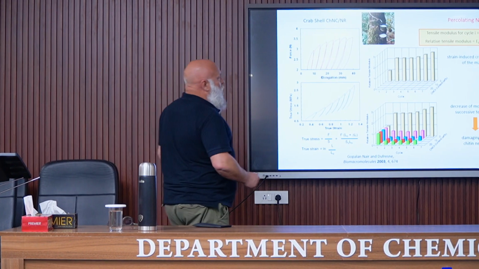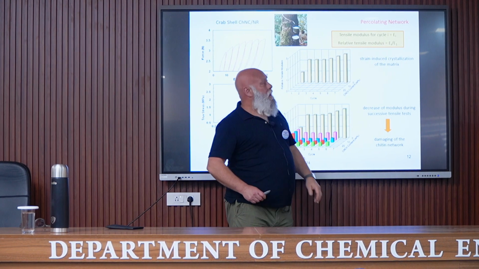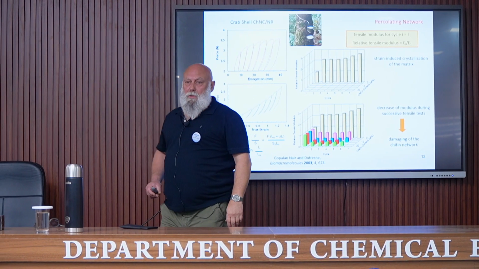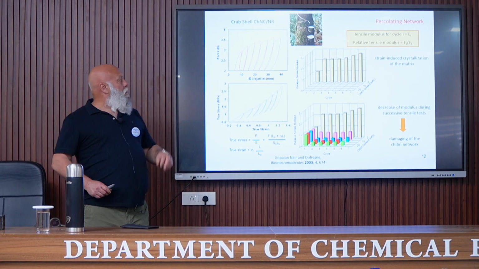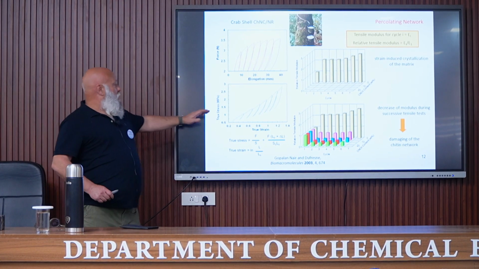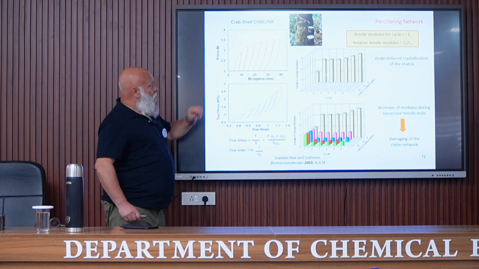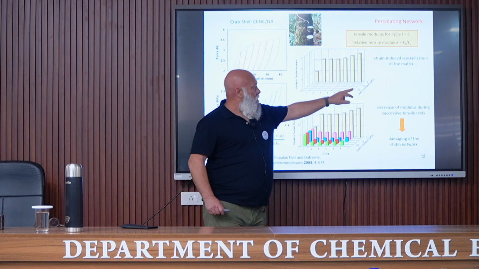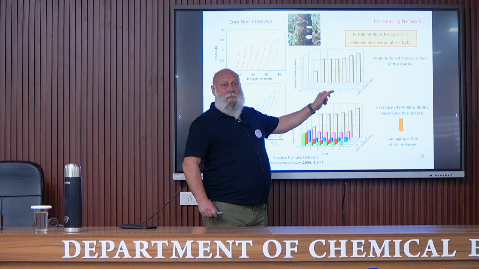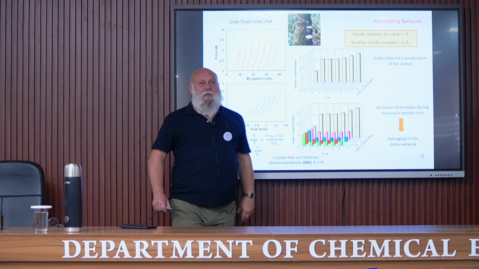So the tensile modulus for cycle i is called Ei, and then we can determine the relative tensile modulus, which is the ratio of the modulus for a given cycle divided by the modulus that was observed for the first cycle. So this relative tensile modulus was plotted, this is for the matrix, as a function of the number of cycles. Of course, it is 1 for the first cycle because of the normalization.